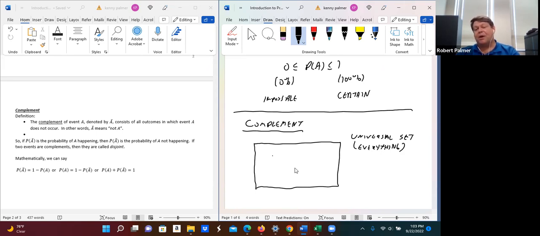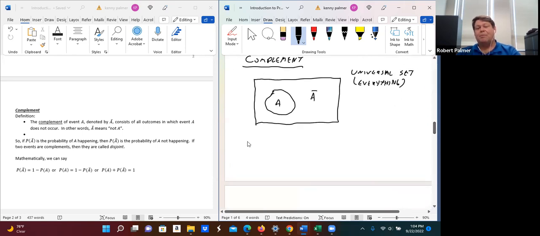Let's say this circle right here is event A. So these are basically the ways that A can happen out of everything that can happen. Then what's left is A bar. It's basically not A. So here we have A, and then the rest of it is not A. Okay. So we look at a more concrete example here.